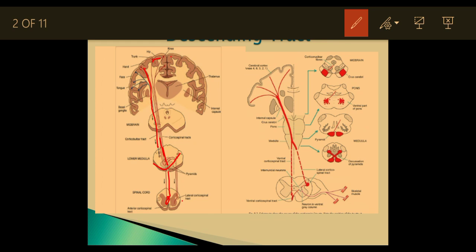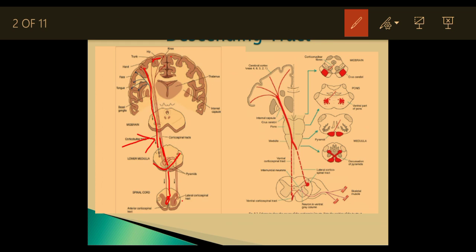The nuclei present within the brain stem are mostly motor cranial nerve nuclei. So by connecting these two nuclei, they form the corticobulbar tract, which originates from the cortical level.